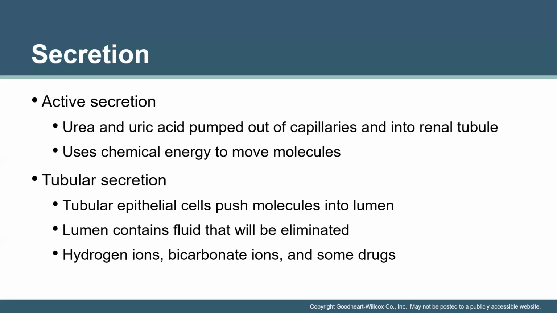The amine group, or that NH2 group on each amino acid, can react with hydrogen, which is plentiful in the body, to form ammonia, the NH4. Ammonia is highly toxic. Fortunately, the liver will convert the amine group into urea and uric acid, which are much less toxic.